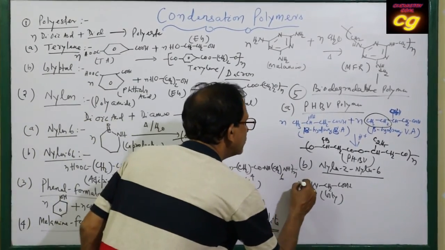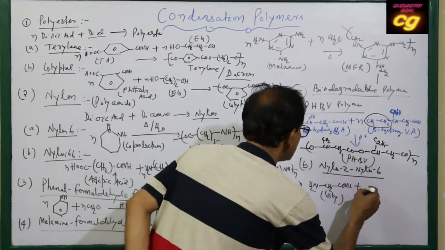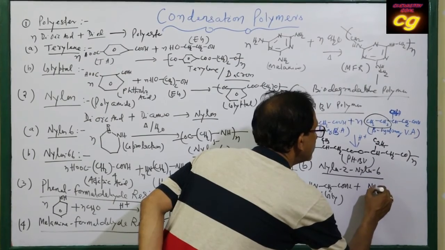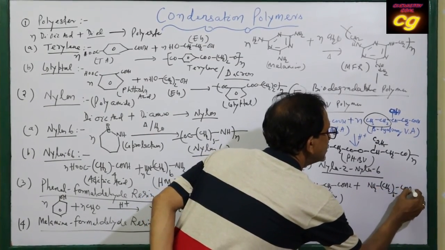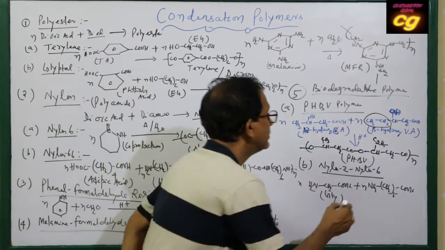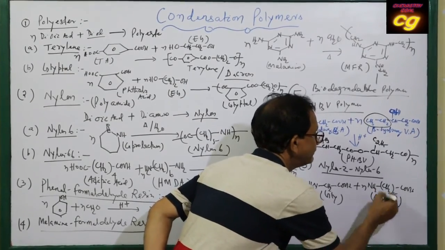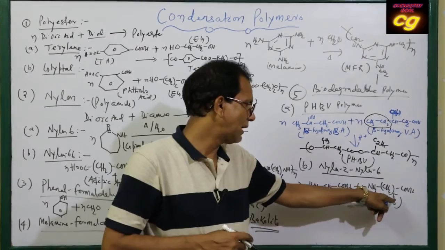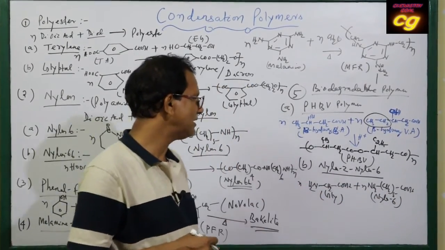When this combines with nylon 6, meaning 6 carbon, you take amino group on one side, second is CH2 whole 5 and COOH, and n number. Here this is called nylon 6. Why am I telling nylon 6?